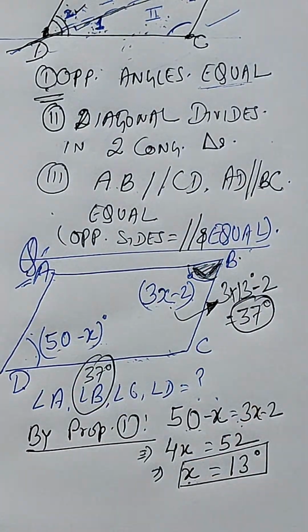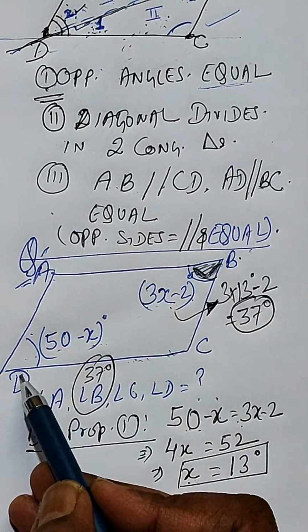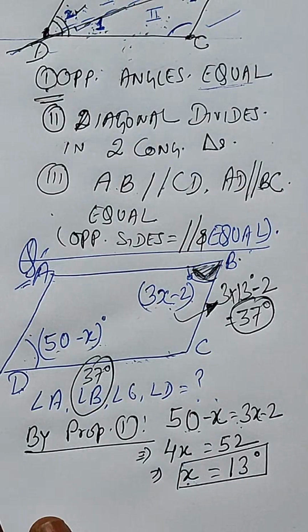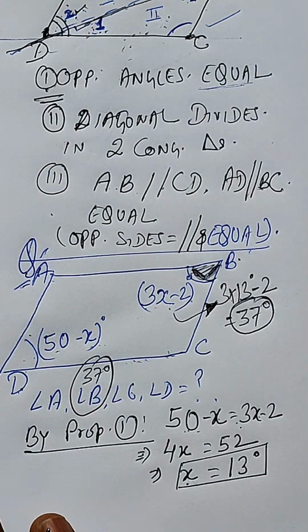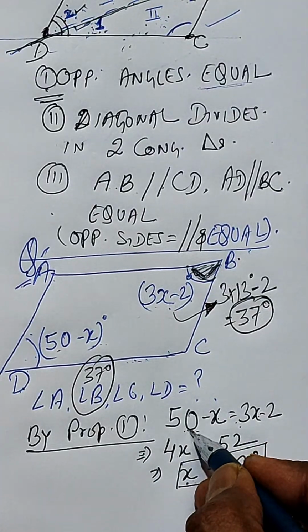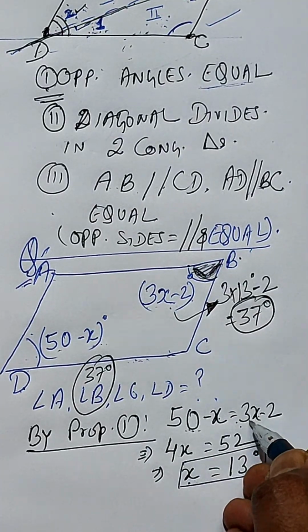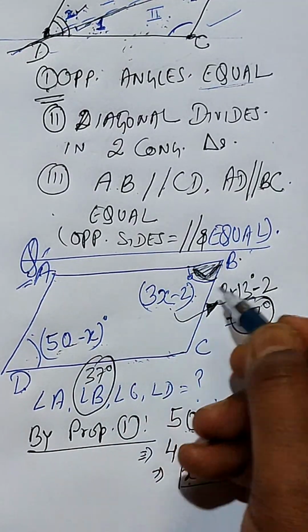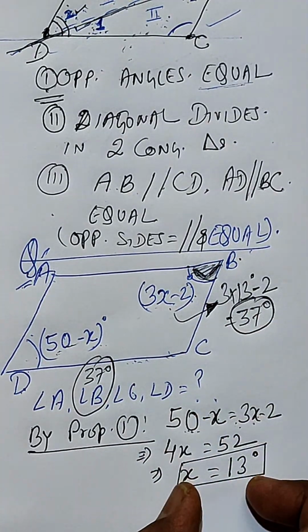This is calculated. Now what is the value of this? So here we should not say that 50 minus x equal to 3x minus 2, because the opposite angles of a parallelogram are equal. So we can solve it to get the value.